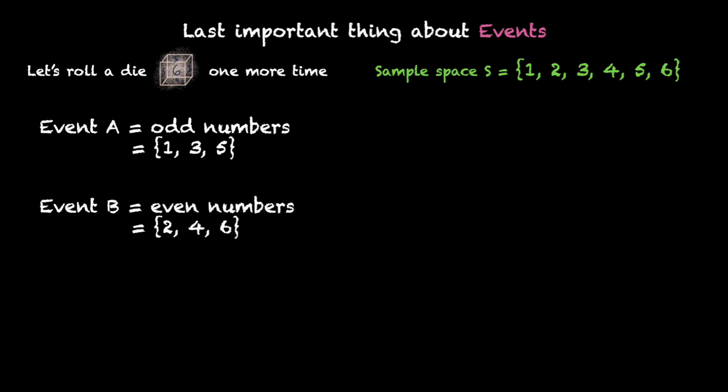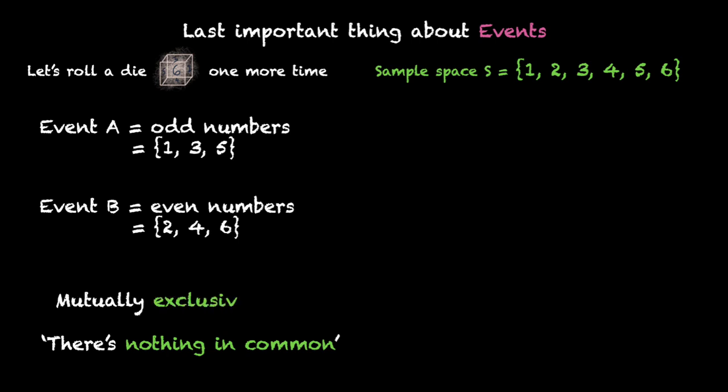What this means is, event A has occurred when we get an odd number and event B has occurred when we get an even number. We can say that there's nothing in common between A and B. Either the number is odd or the number is even. For this case, we can say that event A and B are mutually exclusive events. When there's nothing in common, we call the events as mutually exclusive.